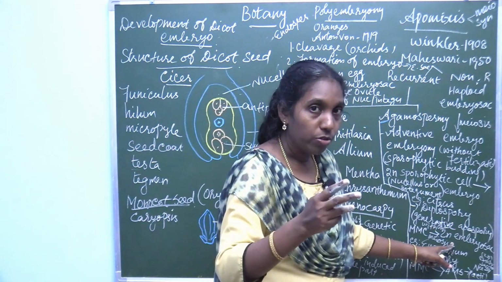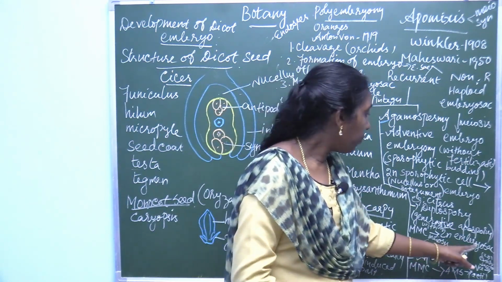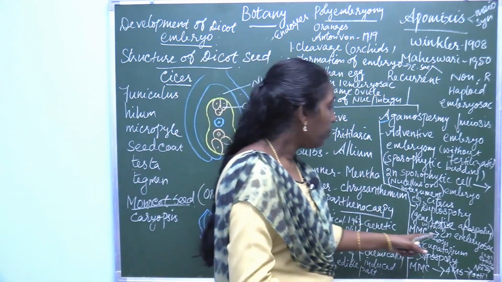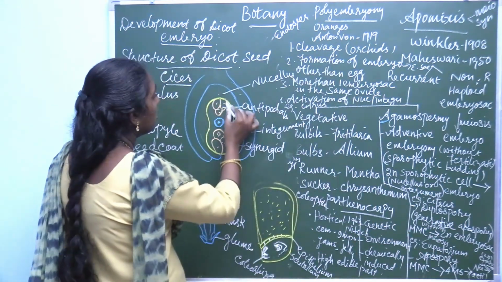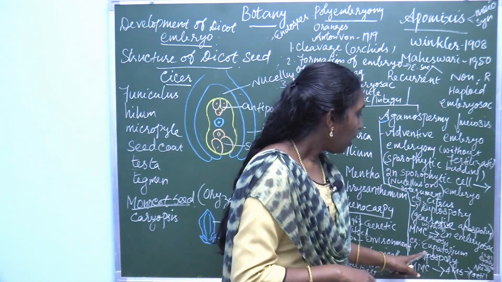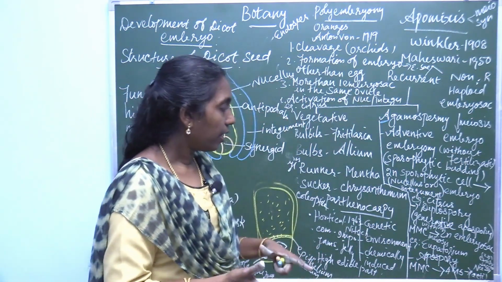So it produces a diploid embryo sac. From the megaspore mother cell, the diploid embryo sac is formed without meiotic division, and it produces the embryo.